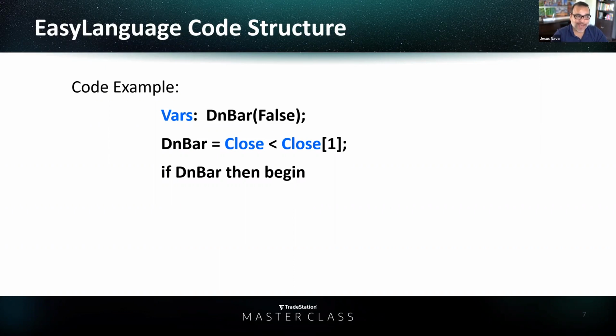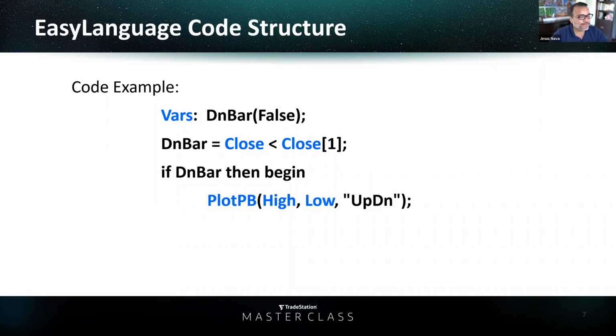But notice that I don't have to say if the close is less than the close 1 bar ago, then begin. I don't have to type that up again. Why? Because I already assigned that relationship to my variable. So all I need to do is reference the variable name, and I'll know exactly what I mean by that.